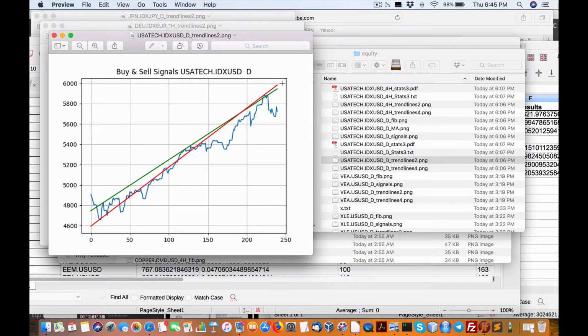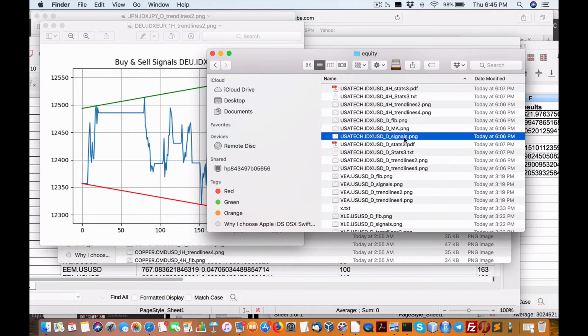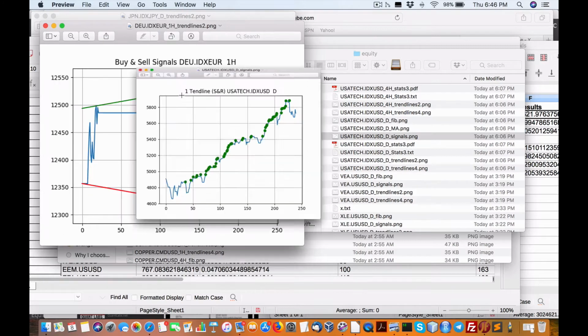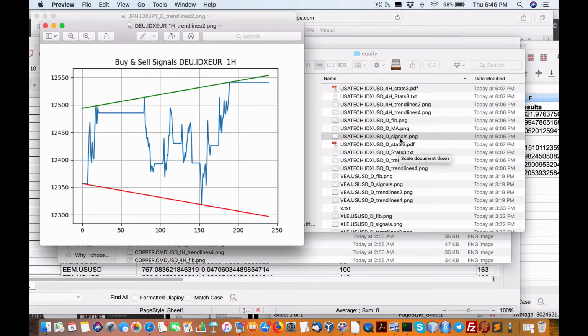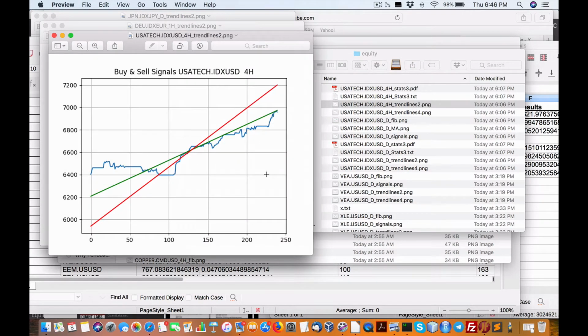Not quite as strong as the top 30, but it's not bad. Again, when you look at the signaling, the buys is straight up buying. You load up on those babies. Let's see how the 4 hour is looking. It's not bad, from 6,400 to 6,800.